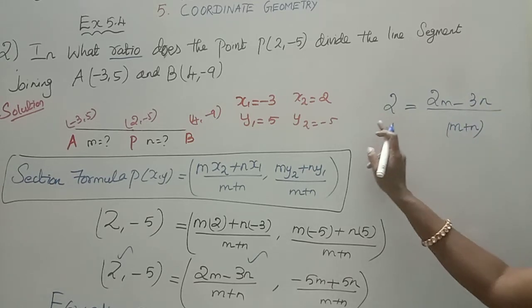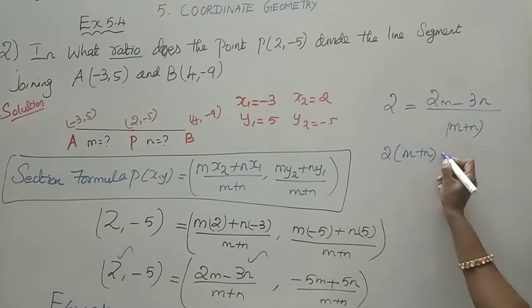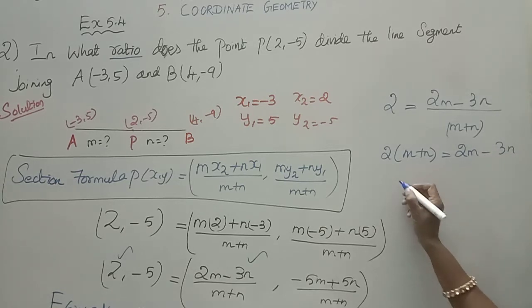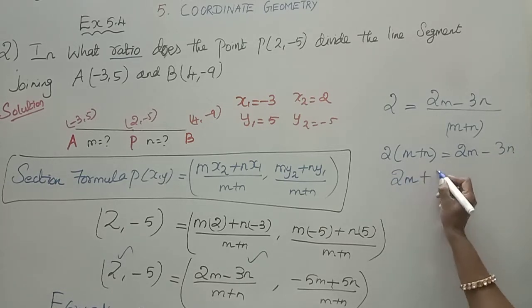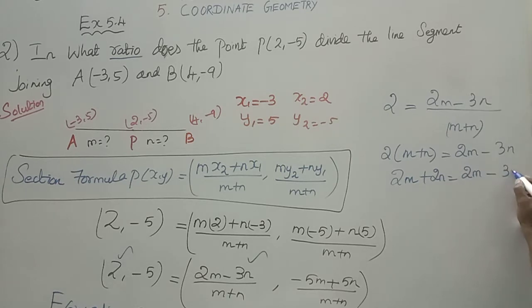Make the cross multiplication. You will have 2 into m plus n is equal to 4m minus 3n. Now you multiply this: 2m plus 2n is equal to 4m minus 3n.